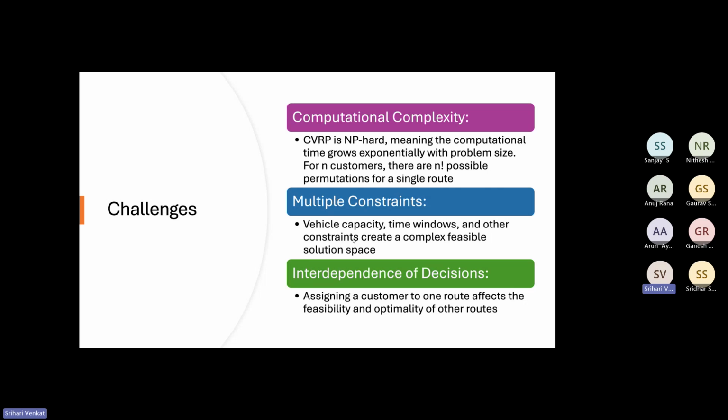And there are multiple constraints involved. Vehicle capacity constraint, and sometimes the time window constraint is also involved. Let's say some orders have to be served within a certain time duration. Then we need to include this time window as another constraint. Some other constraints can also come into the picture.